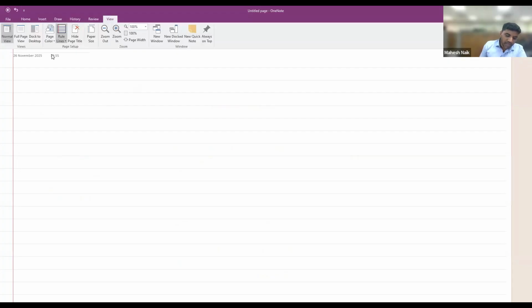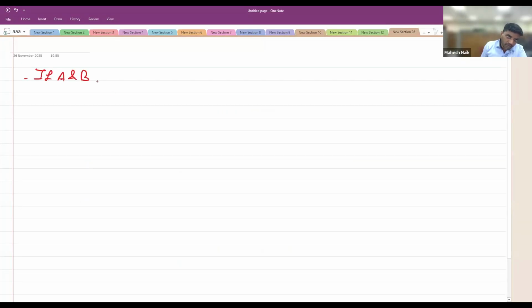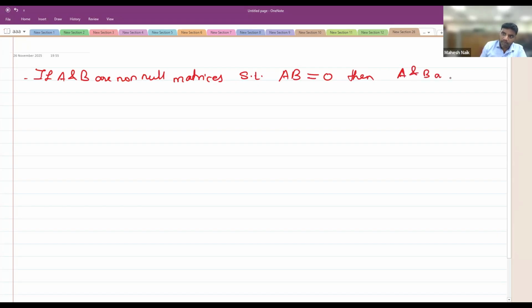If A and B are any two non-null matrices such that AB is 0, a null matrix, in such a case both A and B will happen to be singular matrices.